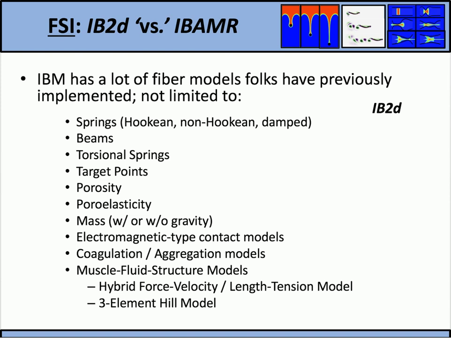Things like springs and beams, which we mentioned before, but also target points, porosity models, mass models, different types of contact models, coagulation and aggregation models, as well as various kinds of muscle models. What makes IB2d rather unique is that we've been able to actually implement all of these different types of fiber models.